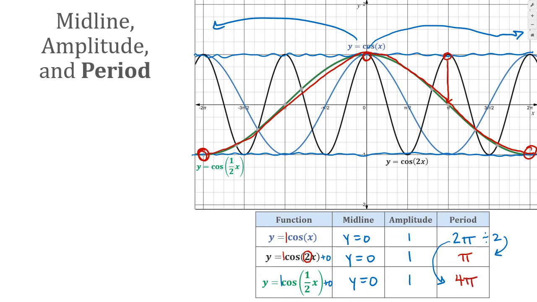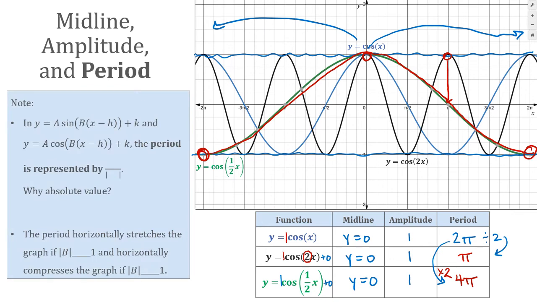The period is the interval at which we begin to see that repeat. So was your hypothesis correct? If when there was a 2 on the inside, it divided it by 2, now when there's a 1/2, maybe it divides it by 1/2, and dividing by 1/2 is the same thing as multiplying by 2. And that works, doesn't it?